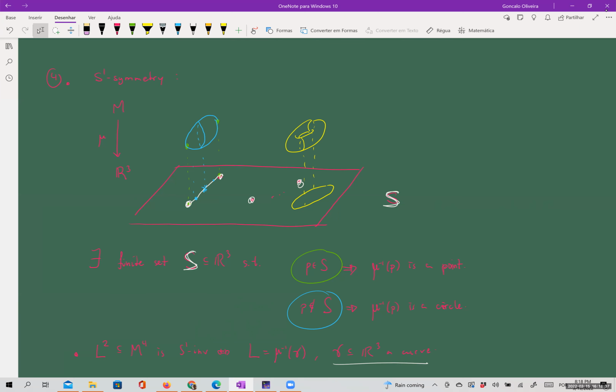Okay, I see. I think I have something to learn here, because the z-axis is playing a special role in this representation. Well, no, it's not so important.